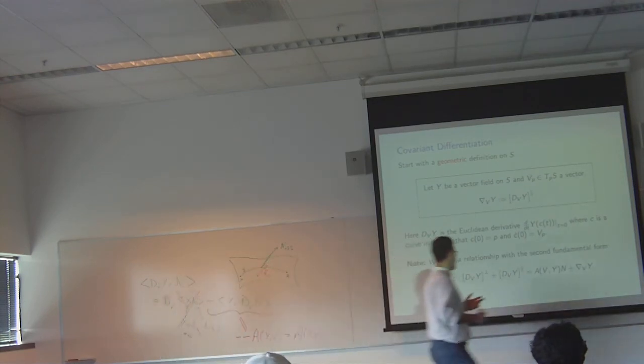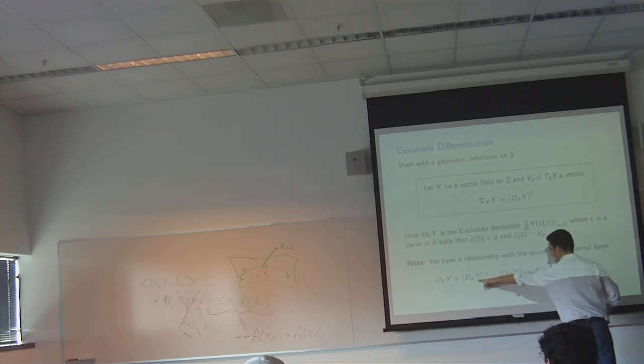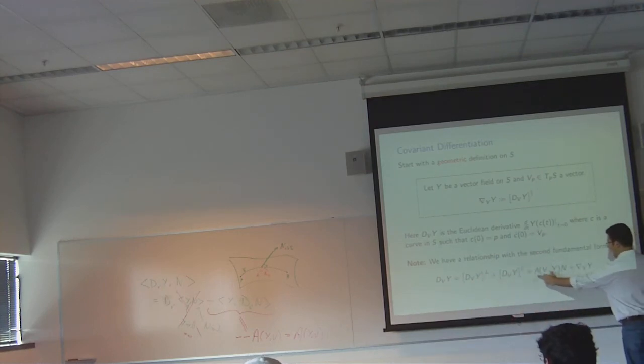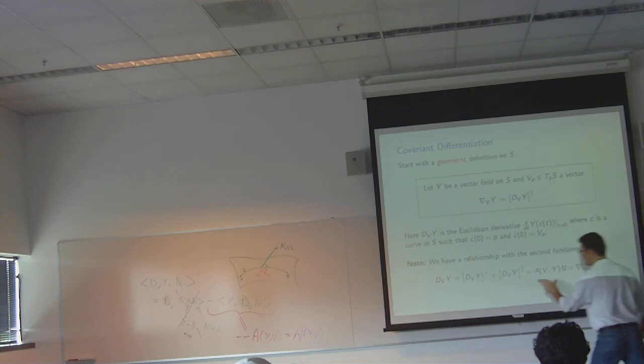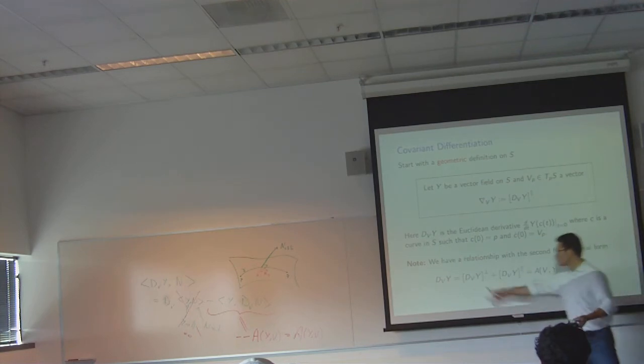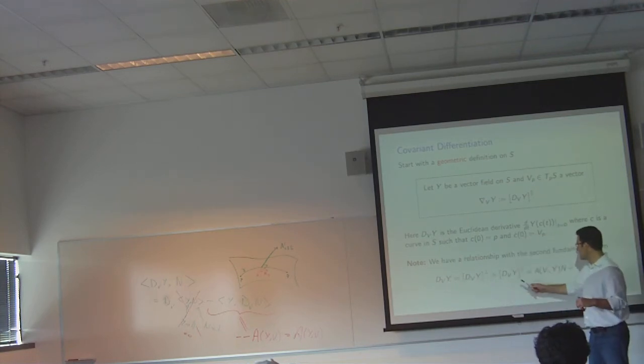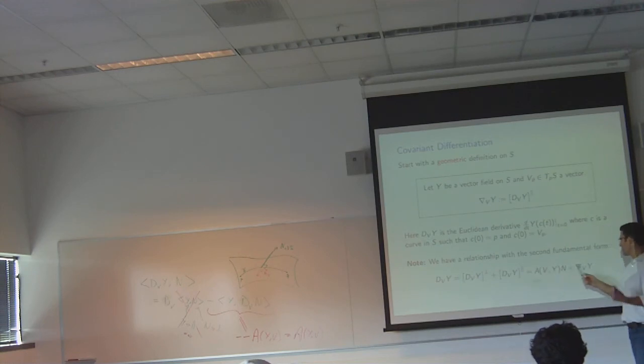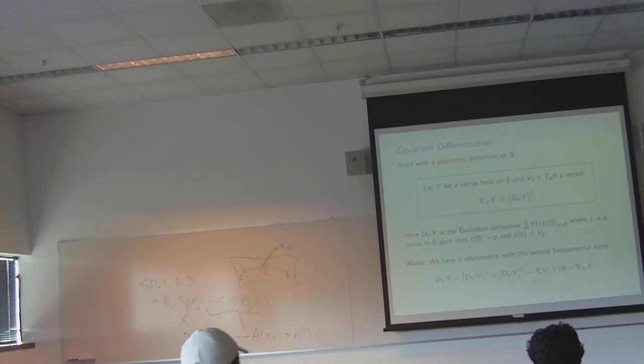Consequently, this first piece of the Euclidean three-dimensional derivative comes out as the second fundamental form. So just using orthogonal decomposition, I have this nice formula: the Euclidean three-dimensional ordinary derivative is the second fundamental form term, the normal part, plus the covariant derivative term, the parallel part. Okay? Does that make sense?